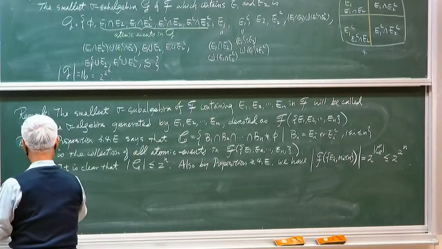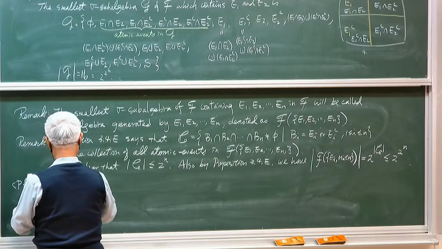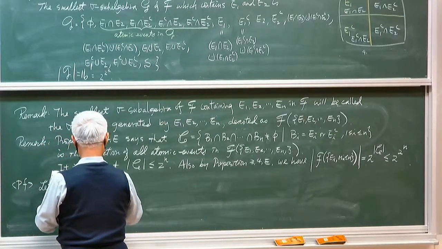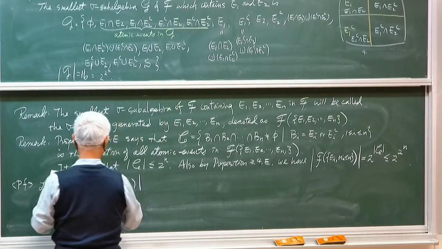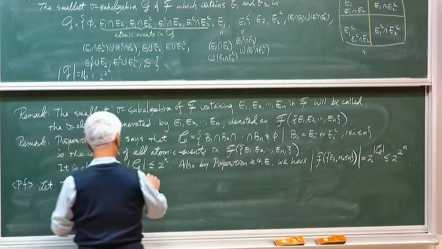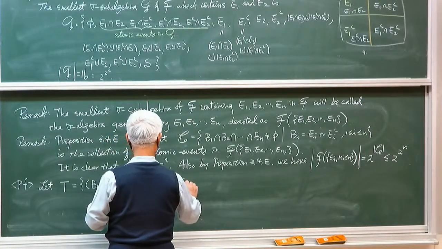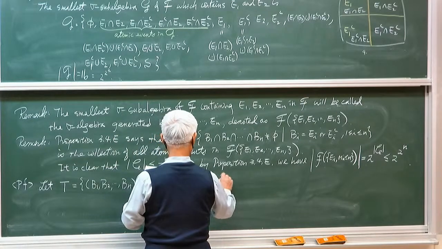Okay, so we let T be the set of n-tuples of events B1, B2 up to Bn, such that Bi is equal to Ei or Ei complement for all i from 1 to n.